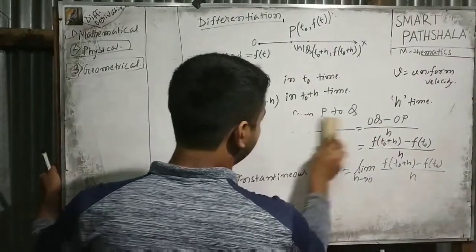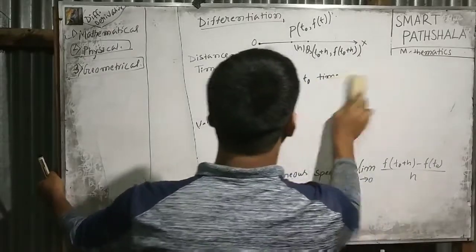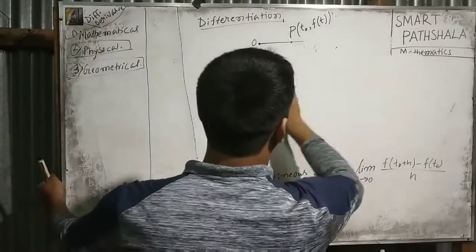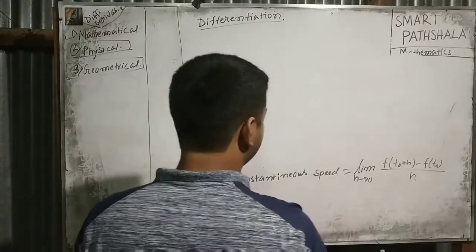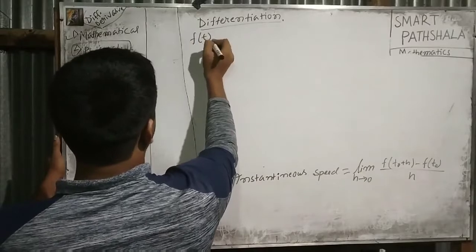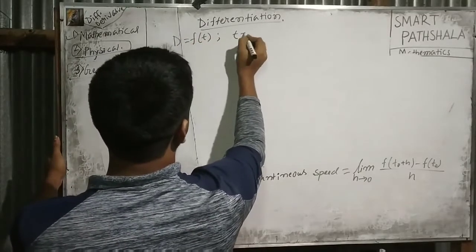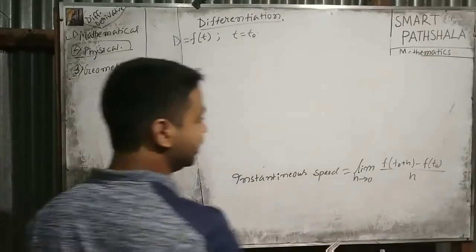Now, you must notice that we were having a function f of t. This was the distance, t, right? Now at t is equal to t0, what can you write for this thing?